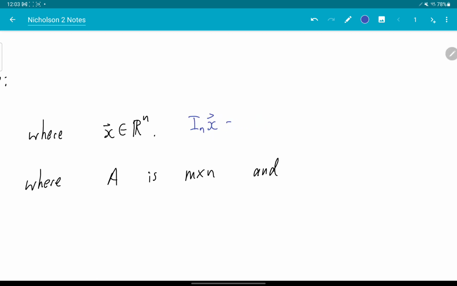Maybe more details here. So I would go, In is 1, 1, 1, then it's got ones all the way down the diagonal. Now the entries in x, I'm going to call them x1, x2, dot, dot, dot, all the way down to xn.